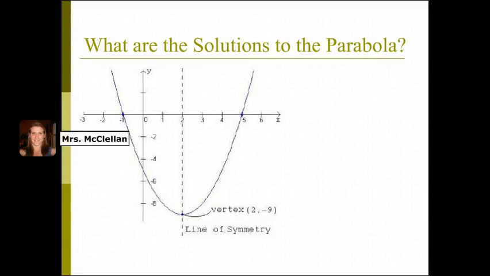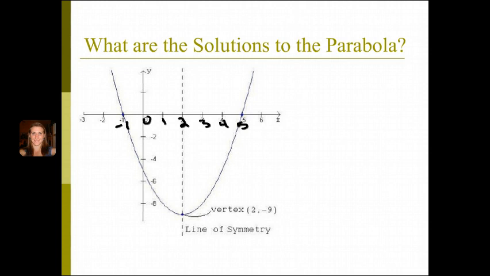Okay, so I apologize that this did not come out very clear when it uploaded to the computer. However, if you look at the parabola, this is negative 1, 0, 1, 2, 3, 4, 5.